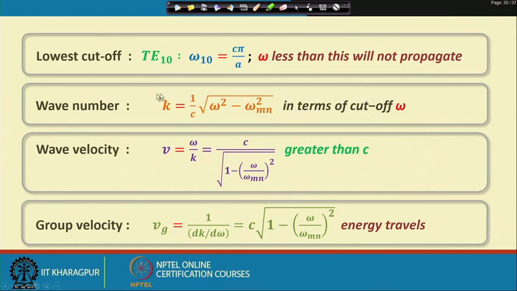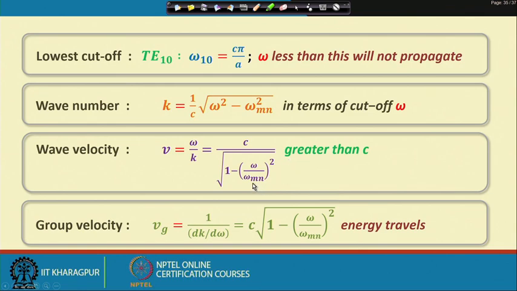You can represent the wave number of the wave which is propagating, where you know the integers m and n, then you can calculate this. So, the wave velocity, that is the velocity with which the wave travels in the structure, is v equal to omega by k, and this gives you the wave velocity for the wave for which I know the value of m and n.